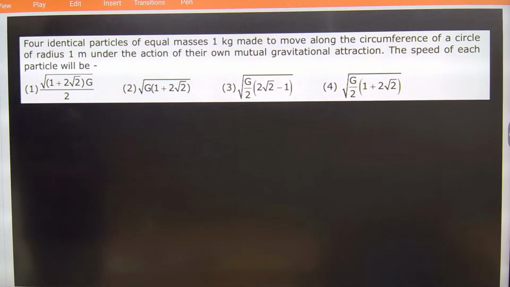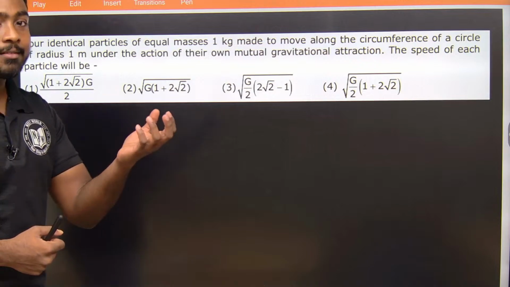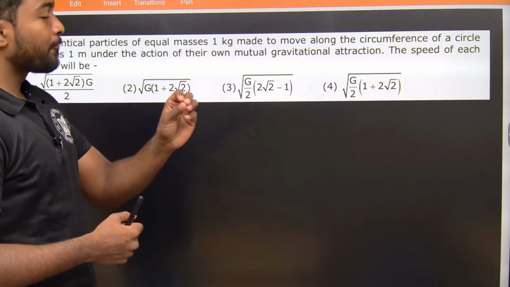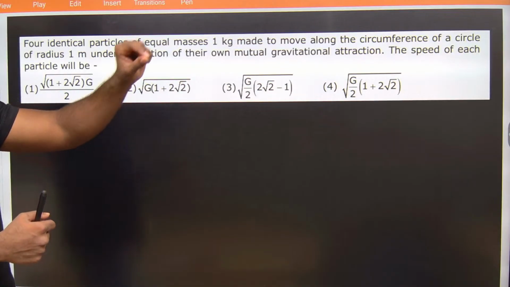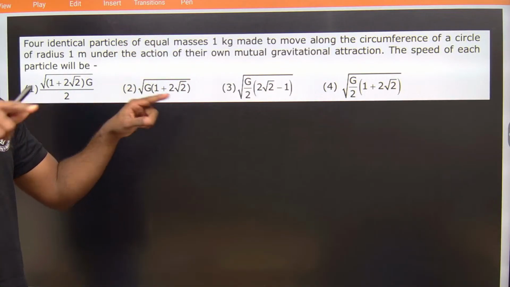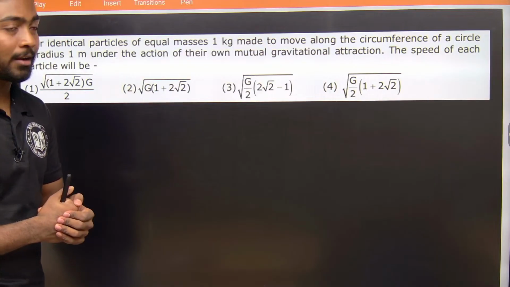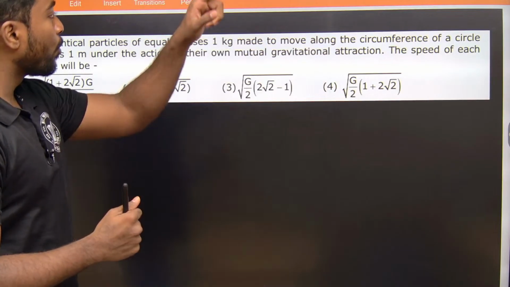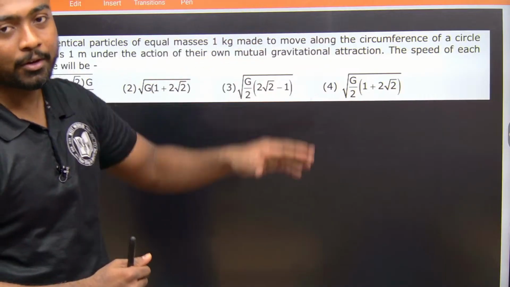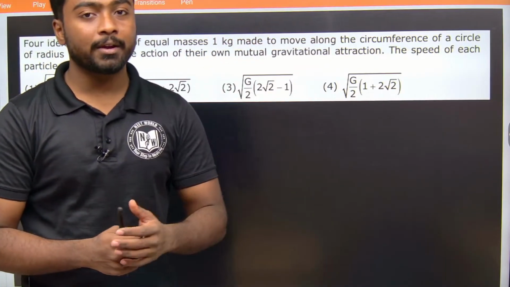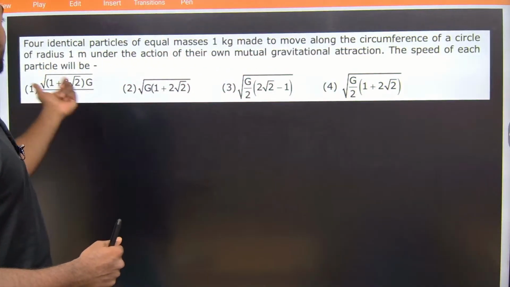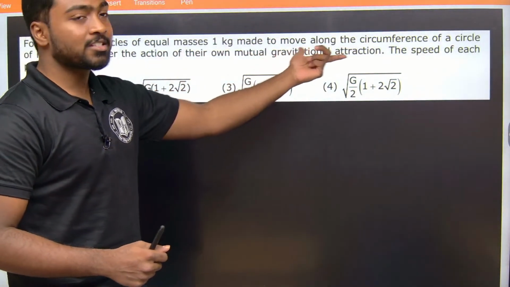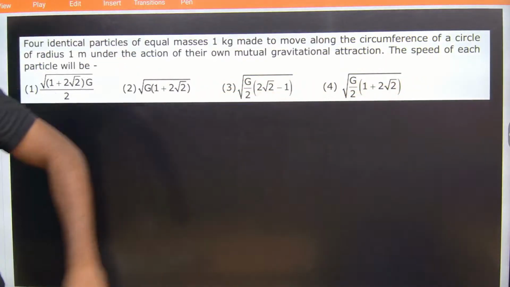In this, there is a circle and four particles placed on it, each at the ends of diameters, moving with some speed, and I need to find what that speed is. They are moving under their mutual gravitational attraction, and I need to take that into account.